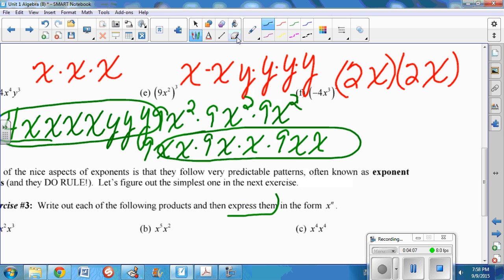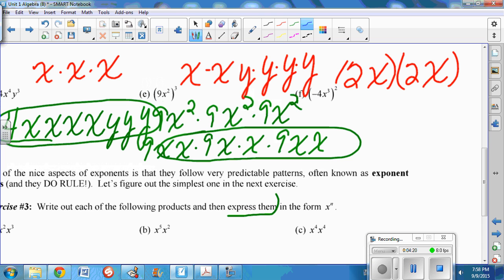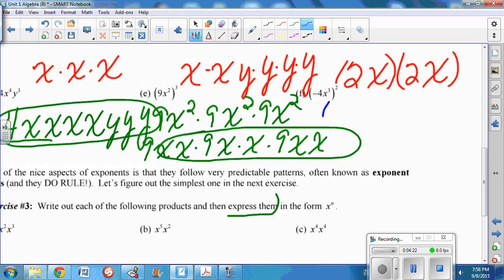Negative 4x to the third power, and that's raised all to the second power. So let's see what we can do with that one. Negative 4x to the third times negative 4x to the third 2 times.